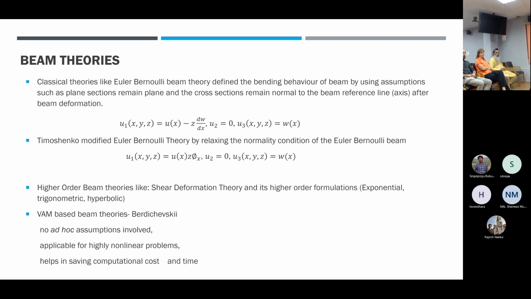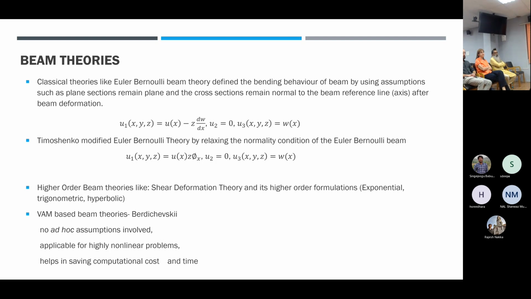So the advantage of VAM-based theories, as we have already seen with all these talks, and the audience is now well aware, is that VAM-based theories do not involve ad hoc assumptions which are involved in the classical theories. And they are applicable for highly nonlinear problems. We can easily use them to obtain the whole 3D deformation behavior of the structure, which might not be possible as accurately with the other theories.